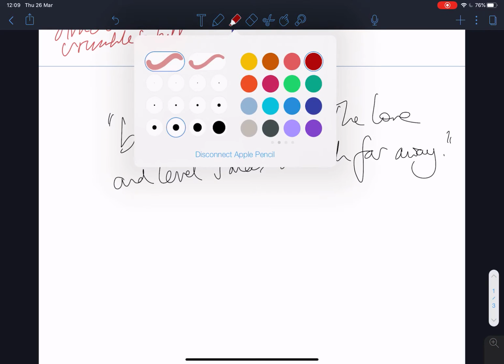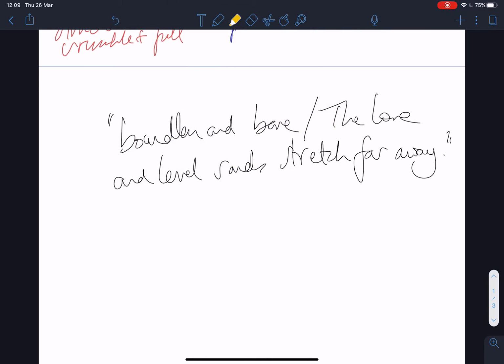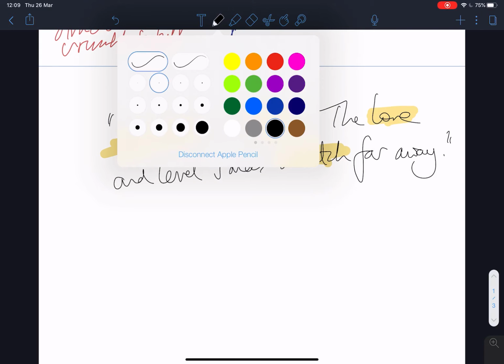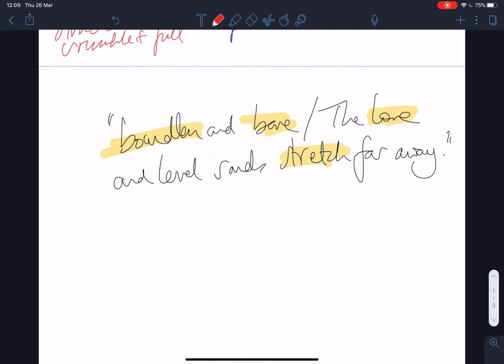So as you would normally when you're analysing a quotation, we start off by just selecting the lexis. So we have boundless, bare, lone, keywords, and I think I'll take that word stretch as well. Then we want to start adding some features, which I'll do in red. So overall, I think this desert is a symbol, a symbol being an image with multiple possible connotations and meanings.